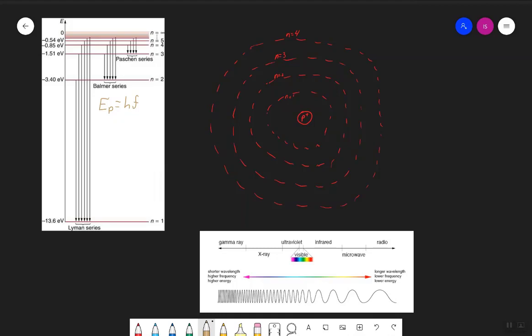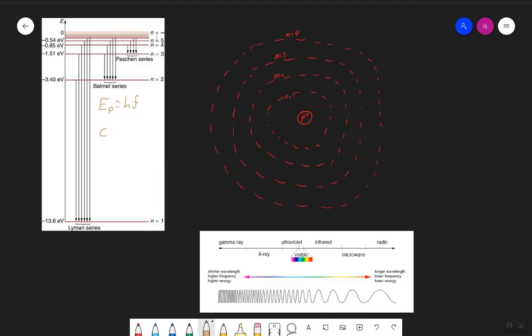Now the wavelength and frequency of a wave are related by the equation that the velocity is equal to the wavelength times the frequency. And we know light travels at the speed of light, c, which is approximately 3 times 10 to the 8th, 300 million meters per second.